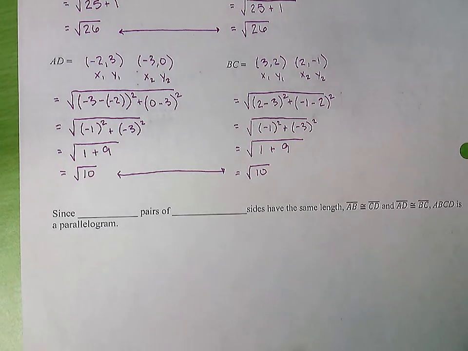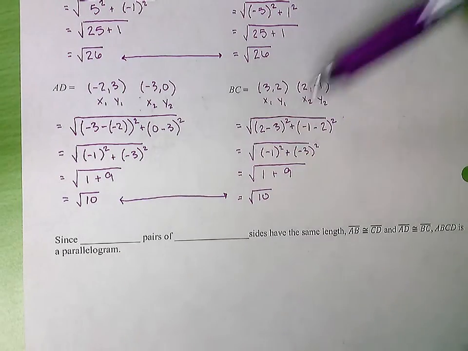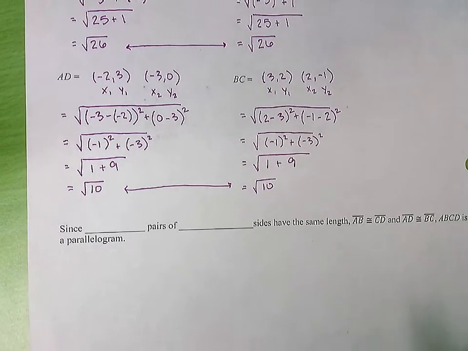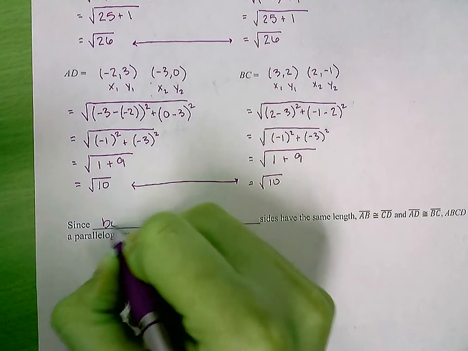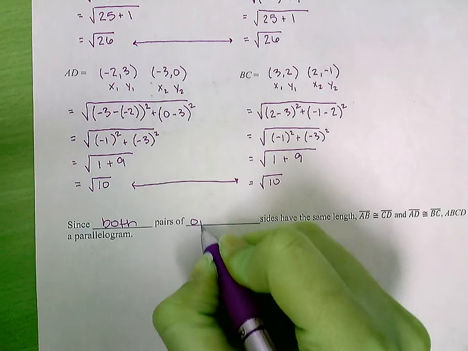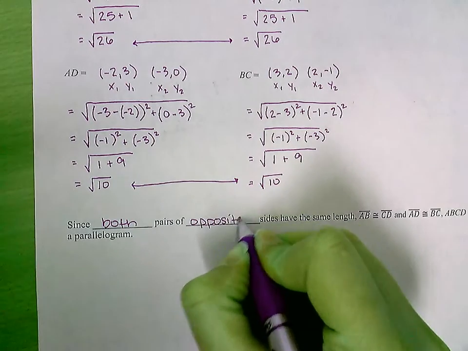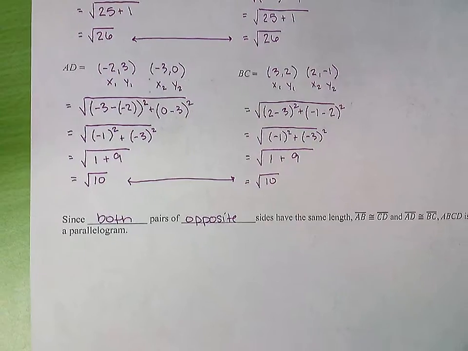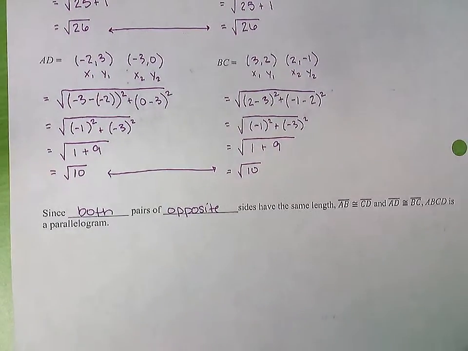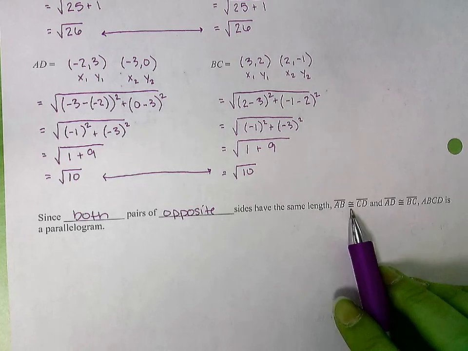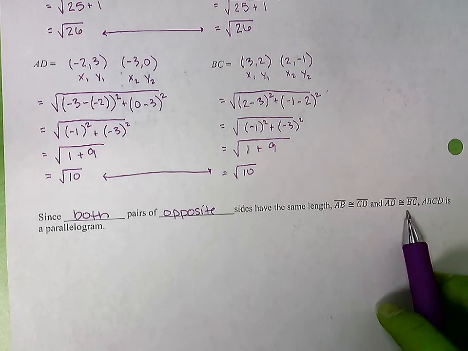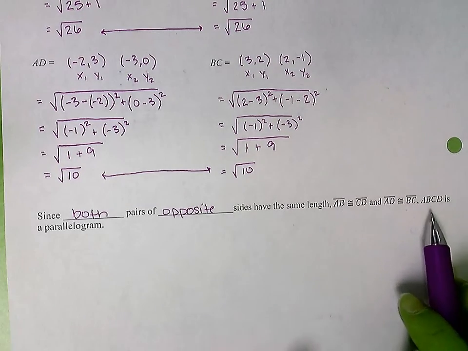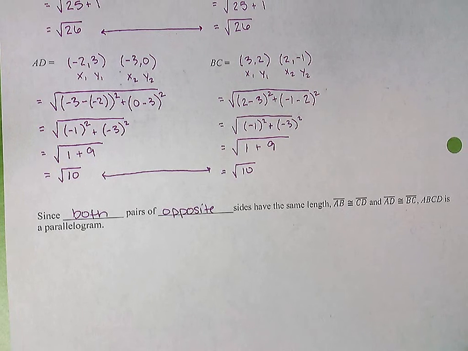So now that I have both pairs of opposite sides congruent, since both pairs of opposite sides have the same lengths, since AB is congruent to CD and AD is congruent to BC, then ABCD would be a parallelogram.